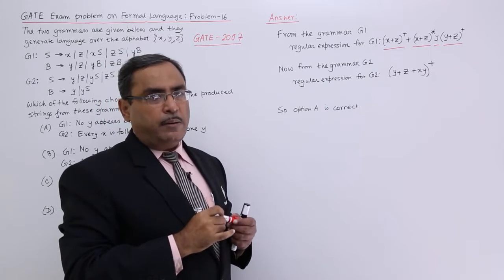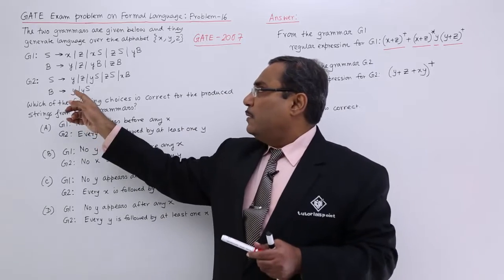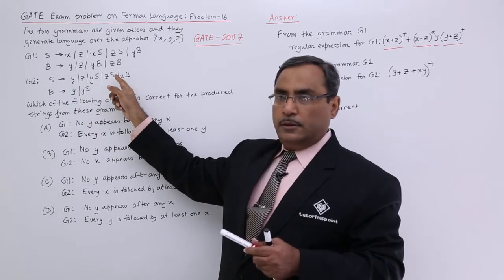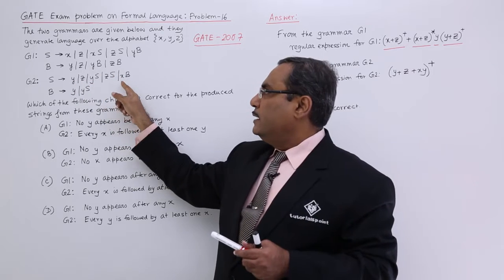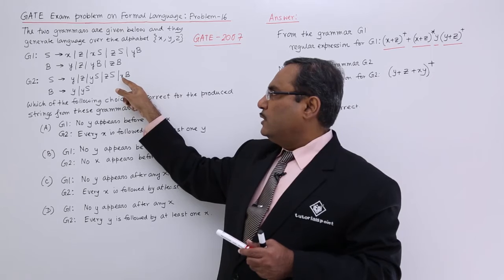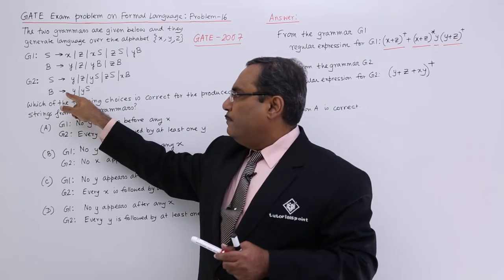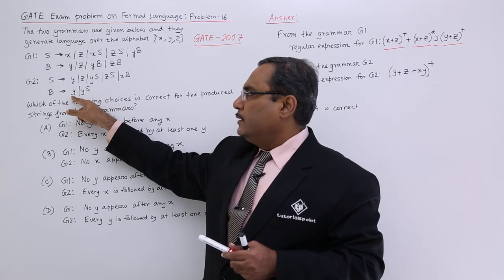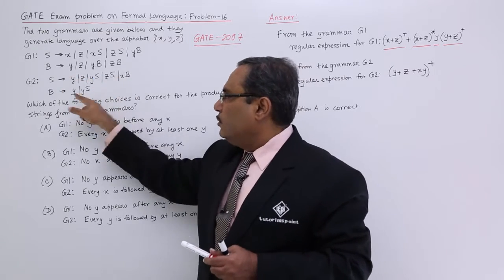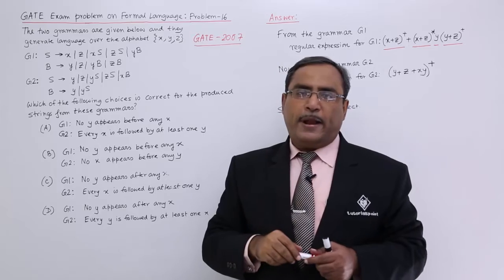Now let us consider grammar G2. In case of grammar G2, we will have multiple combinations of Y and Z, but if it comes to X, if we apply this one, it will give X and then B, and B will produce at least one Y and then terminate. Otherwise, Y and S again, so they will go on applying again and again.